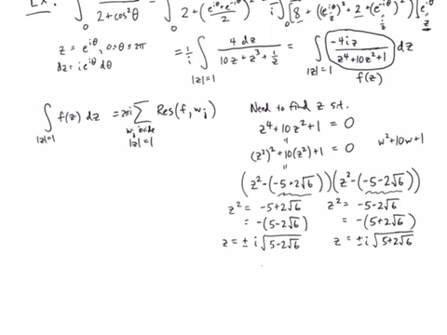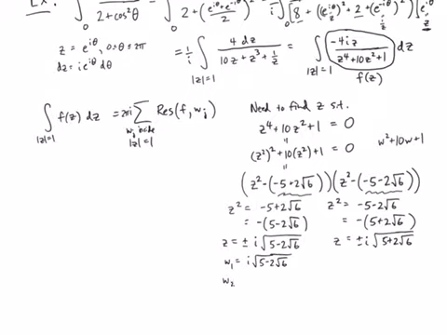Okay, so let's say these z's, or maybe I'll call them w's. So w1 is equal to i times the square root of 5 minus 2 root 6.